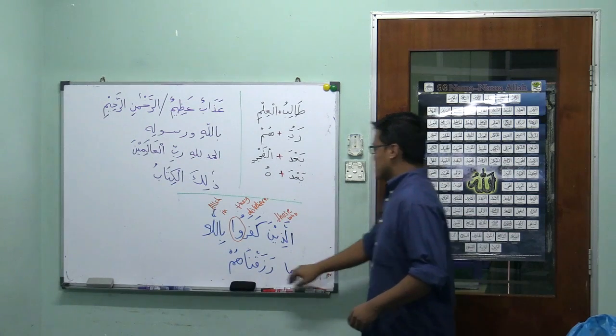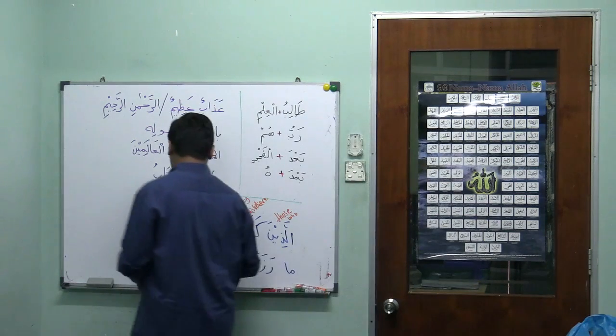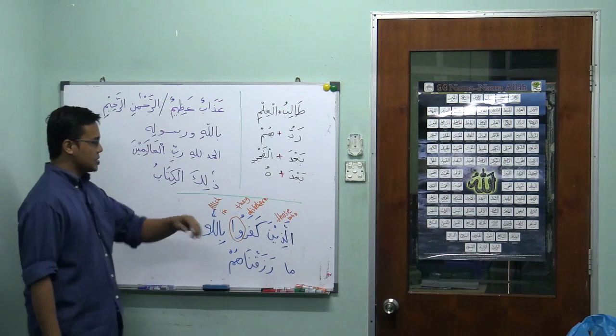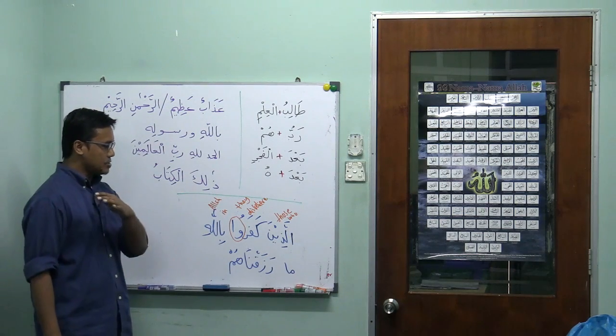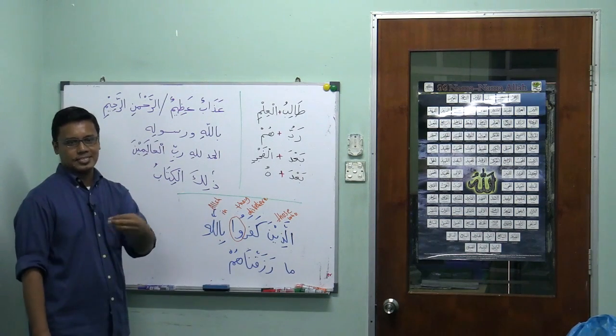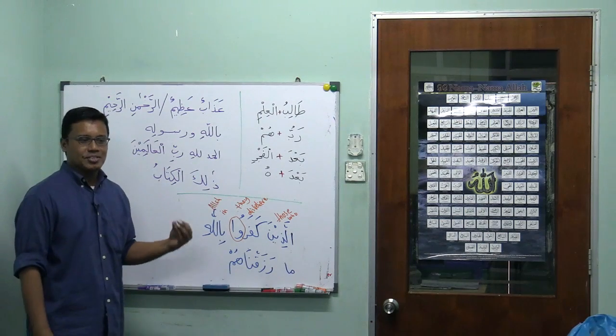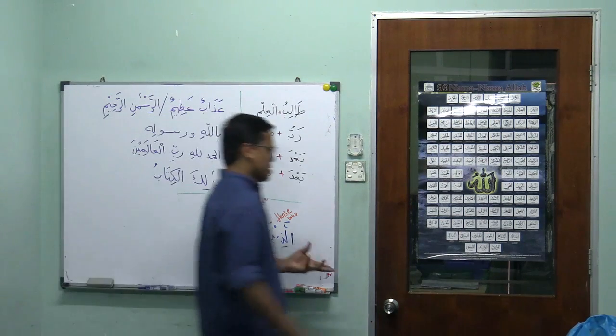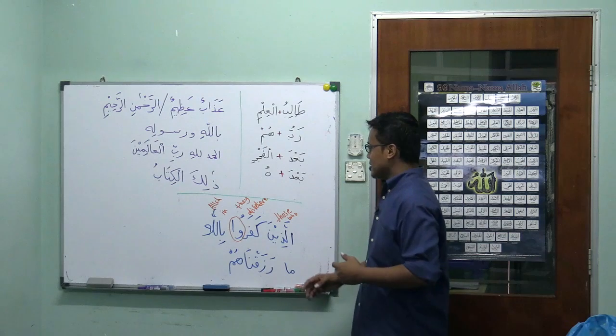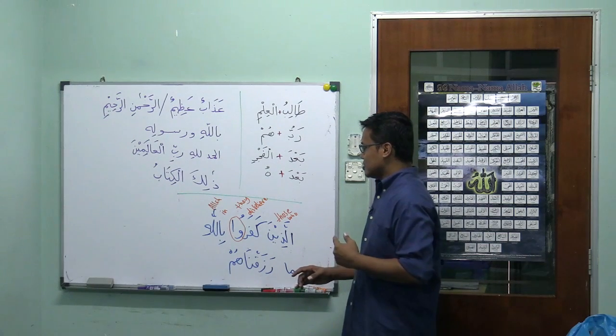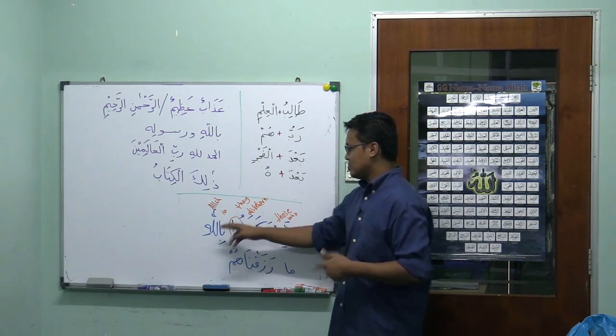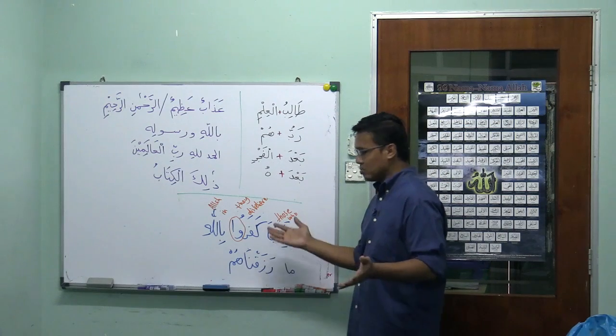Now, what I'm going to share with you is 100% common sense. It's just that in Arabic you need to do it grammatically. So it means those who disbelieve in Allah. No problem in that.